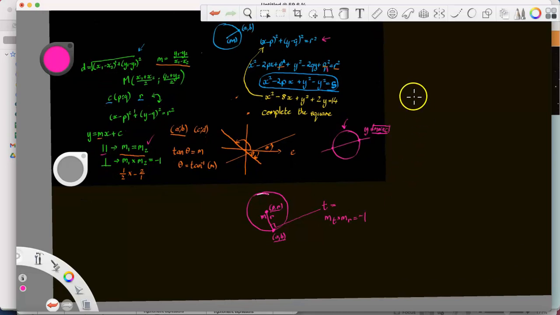Let's say we have a line and another line. Let's say there we have to find this angle alpha. Okay, so how would I find alpha?